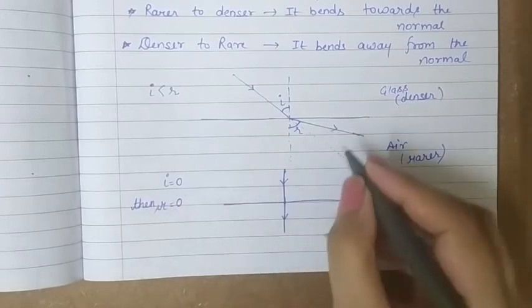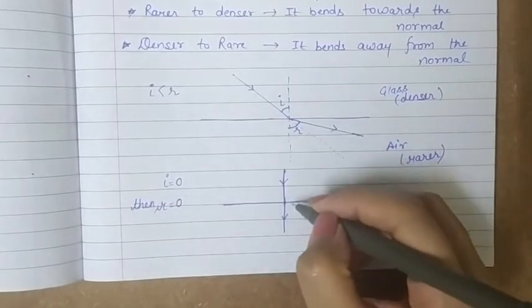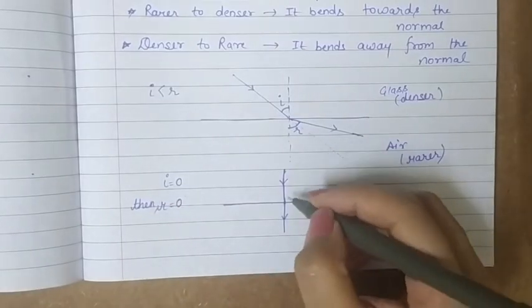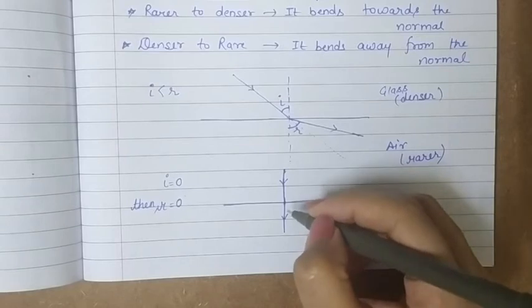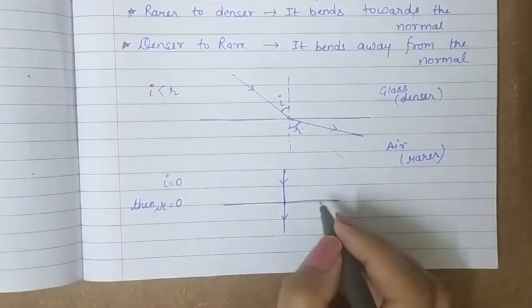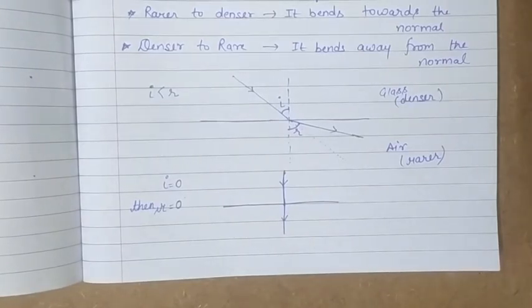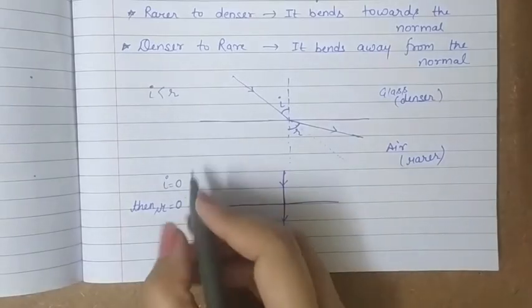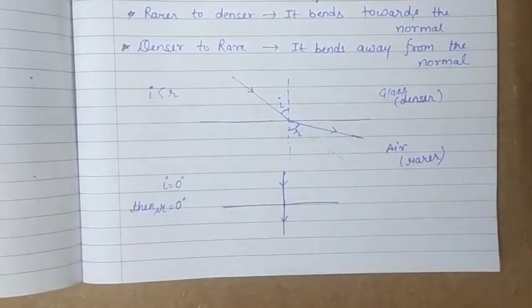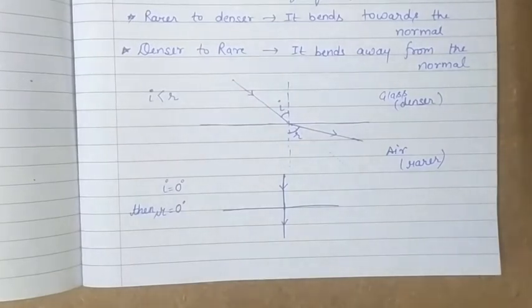So if light is incident at 0 degree, that means it is coming along the path of the normal at the interface, then it remains undeflected and passes along the same path in the other medium also, and angle of incidence as well as angle of refraction both are 0 degree in that case, irrespective of the density of medium.